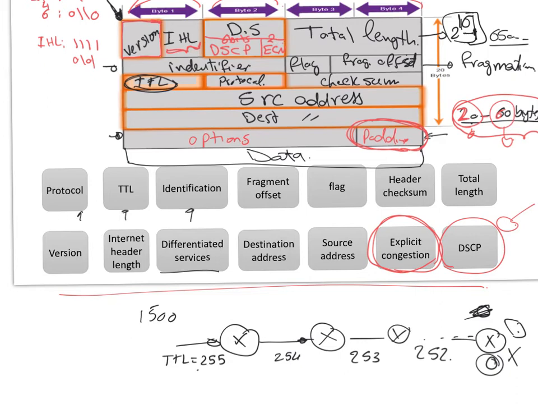The protocol field indicates the protocol in the upper layer. What are the possible protocols in the upper layer? What is the upper layer أصلا? Hussam, what is the upper layer?